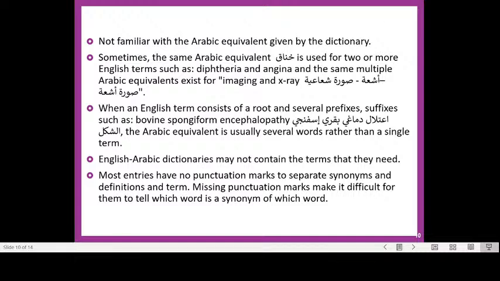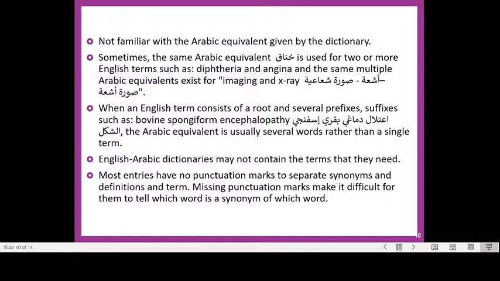But still, even in English, we have 3 words. But each word, encephalopathy, consists of 2 parts. So we use an independent lexical item for each part of the word. Same thing, spongiform. We use 2 words, one for spongy, one for form. And then bovine, of course, is 1 word.